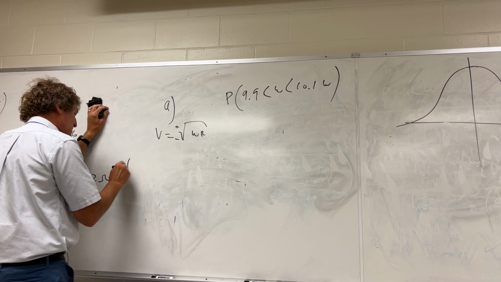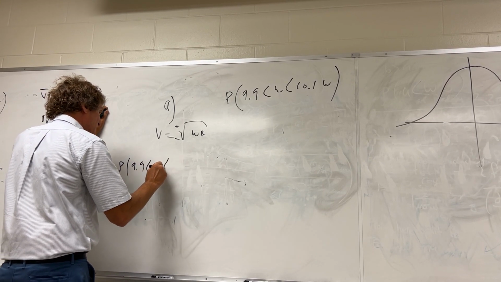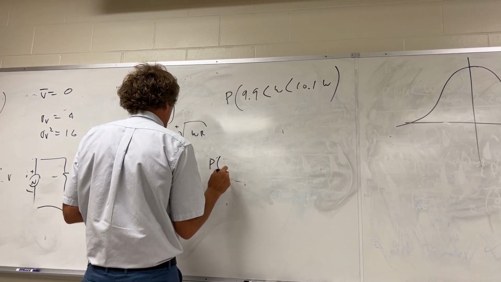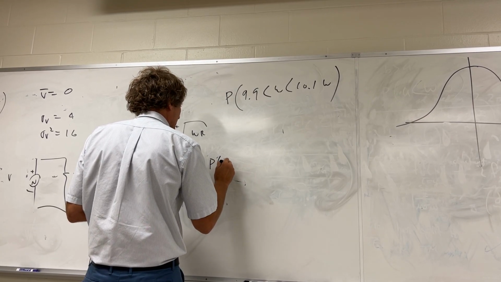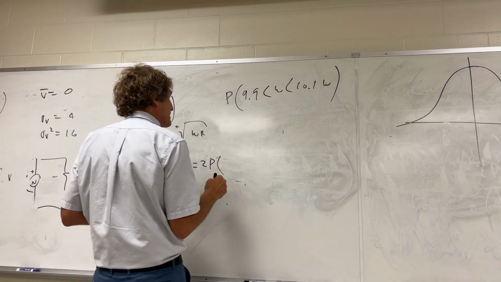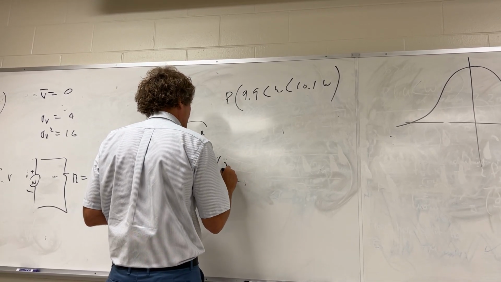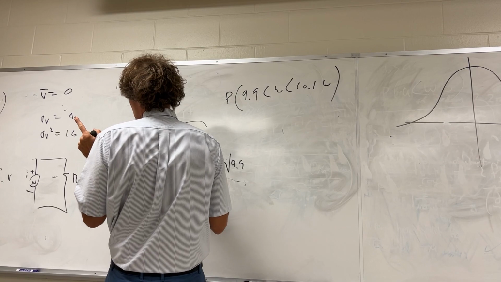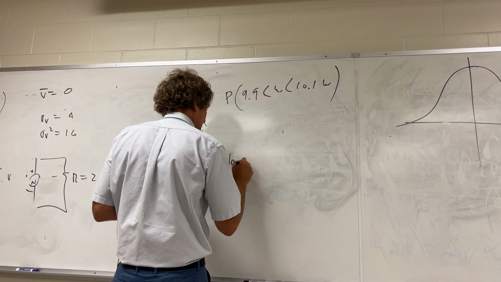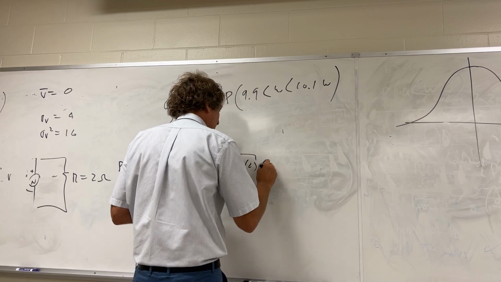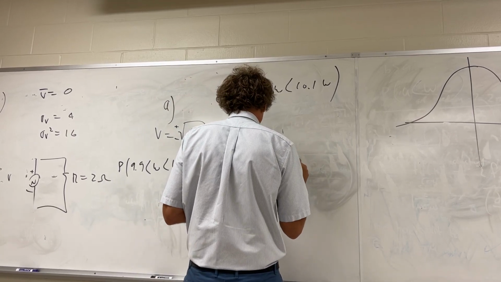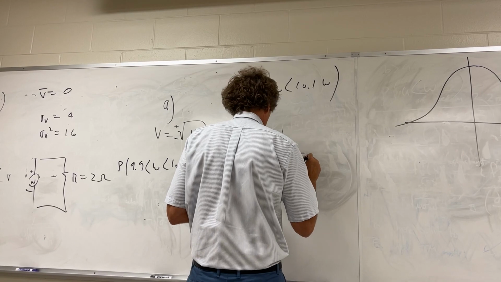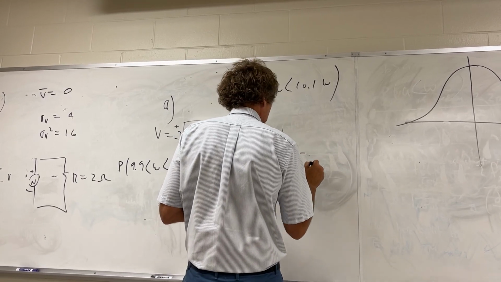The probability of the power being between 9.9 and 10.1 is the same as the probability of the voltage being, let's just do it this way, 2 times the probability, we'll take the positive one, of the square root of 9.9 times the resistance, which is 2, being less than V, less than the square root of 10.1 times 2. Wait a second. Yeah, times 2.